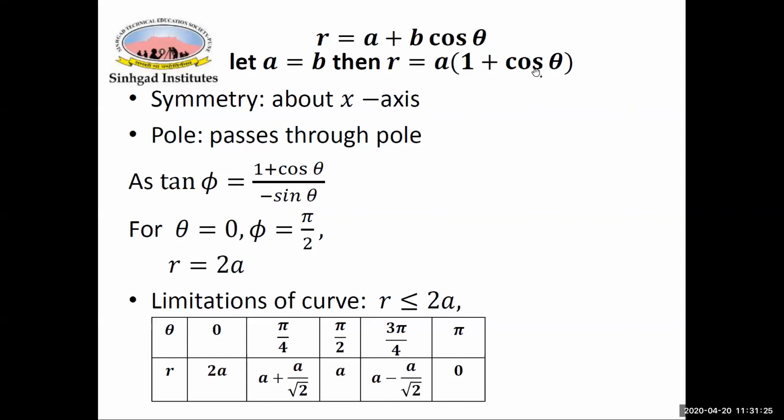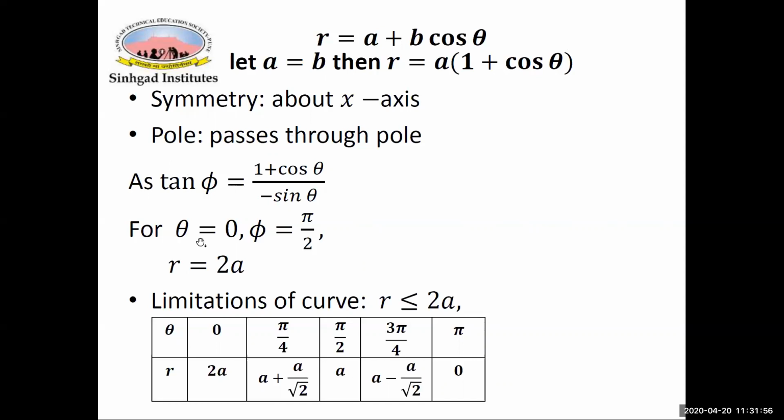Then if you put theta equal to pi, cos pi is what? Minus 1. And hence what do you have? r is equal to 0. So the curve passes through the pole. Now to find the angle made by the tangent at the line theta equal to 0, we have tan phi is equal to (1 + cos theta) divided by (minus sin theta).